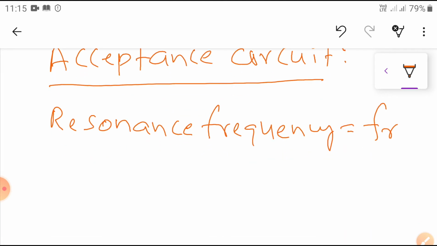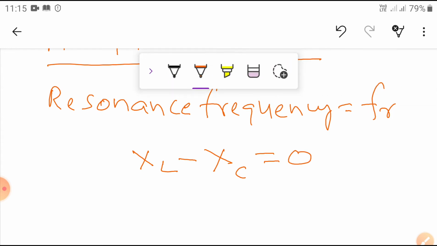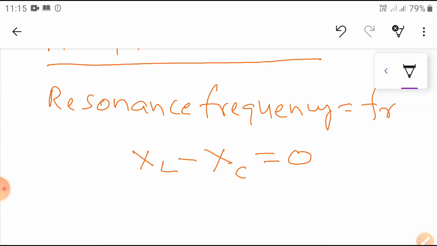At resonance, XL minus XC becomes 0. So omega L minus 1 by omega C is equal to 0.